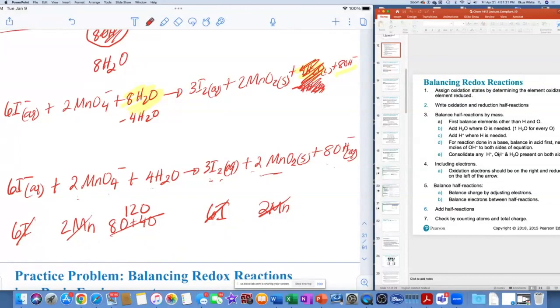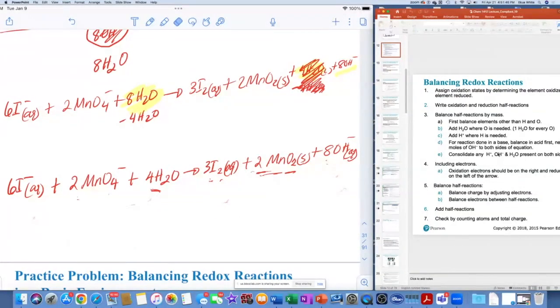You have 4 O's from here and here plus 8 O's, so 12 O's. Yep, balanced. And if that balances, the final one should balance, right? Here I have 8 H's, and here I have 8 H's. Yep, so everything balances.